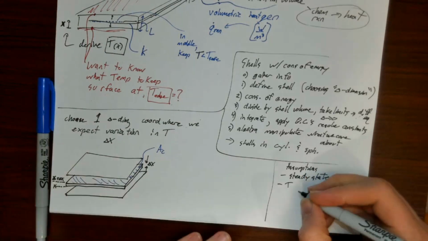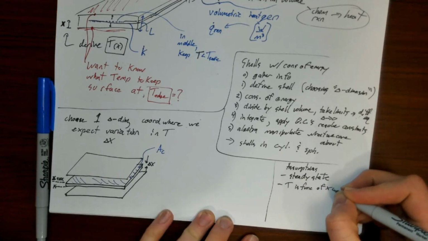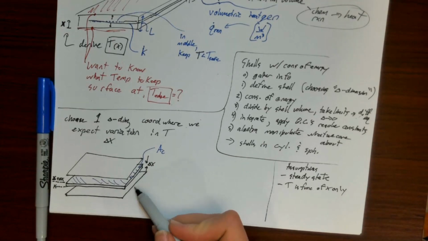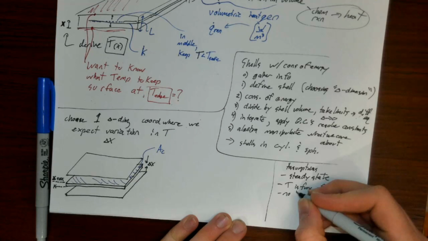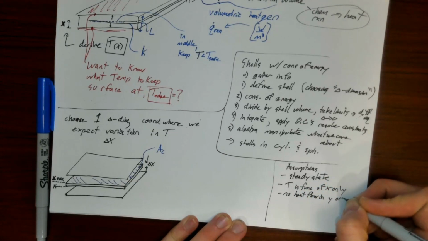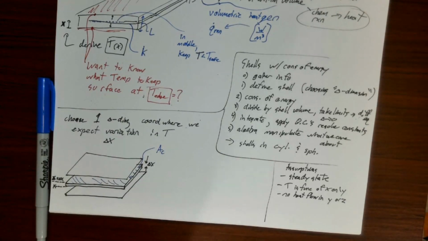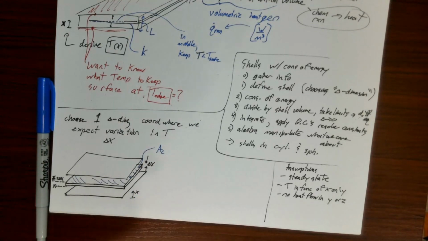So we're going to assume T is a function of x only, and the consequence of T being a function of x only is that we don't have heat flow in y or z. So we essentially only have temperature variation and heat flows in the x direction. That's basically what we're assuming right here.